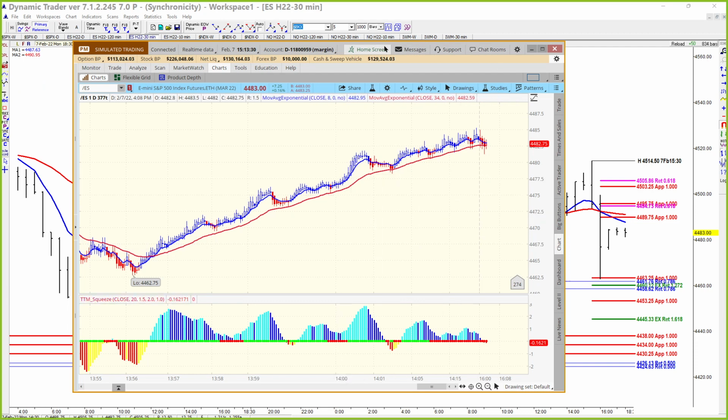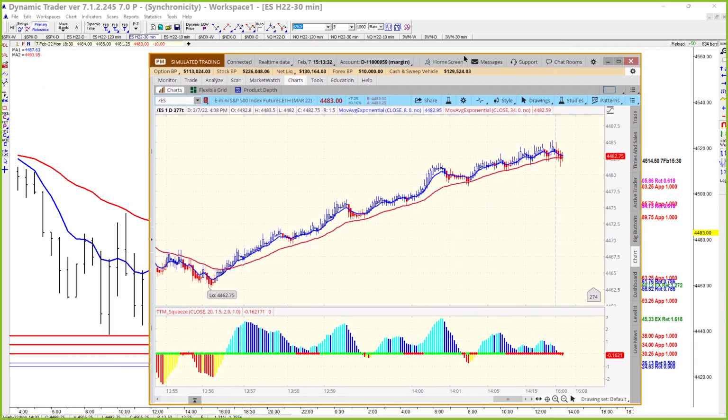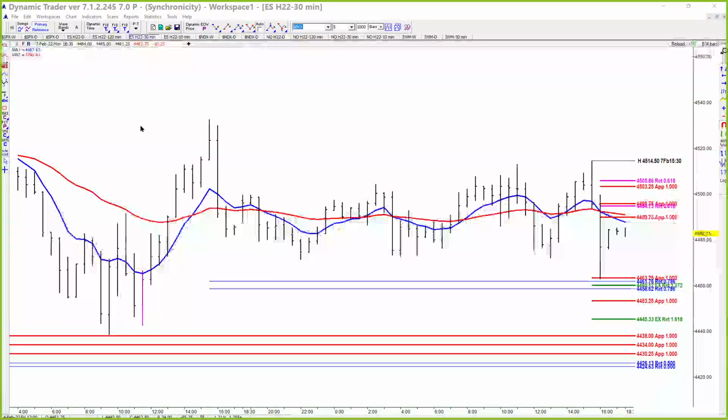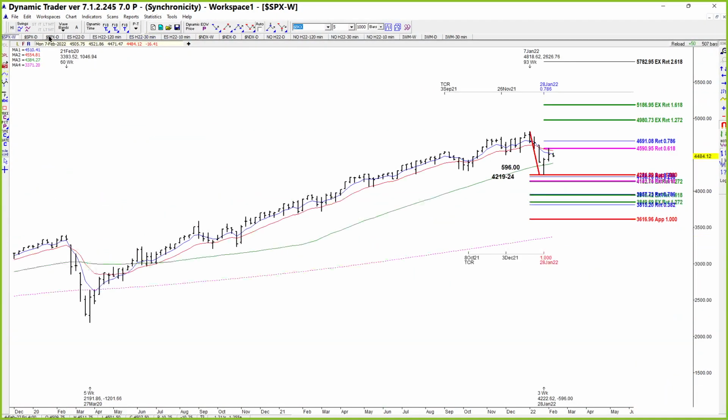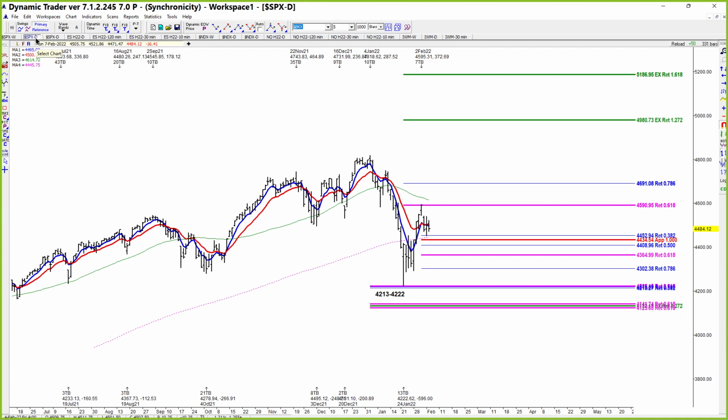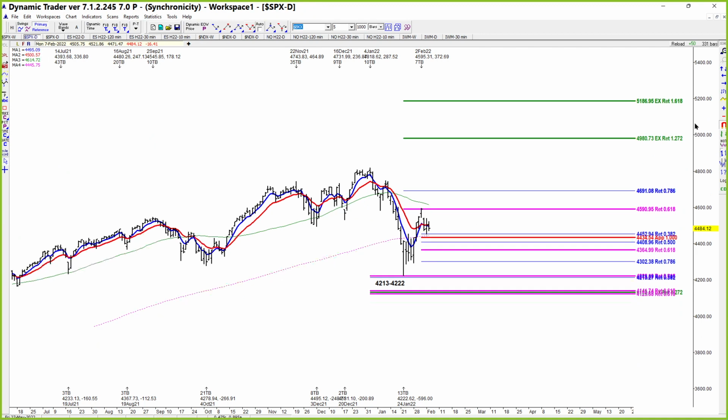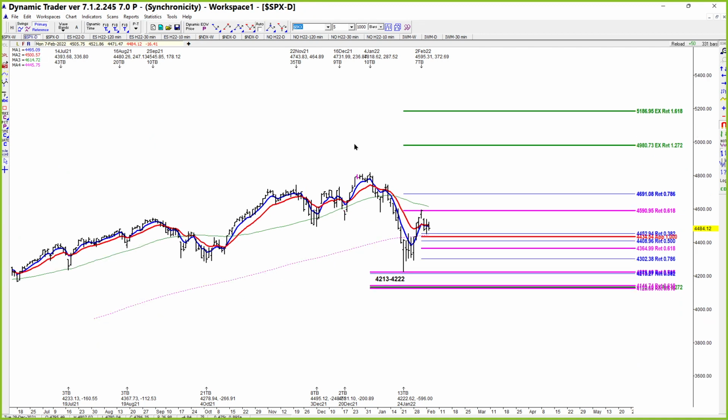Let's see what else. Let's look for some other examples. We can look at an example of a trigger on a 30-minute chart off of this support where we made this low in S&P.